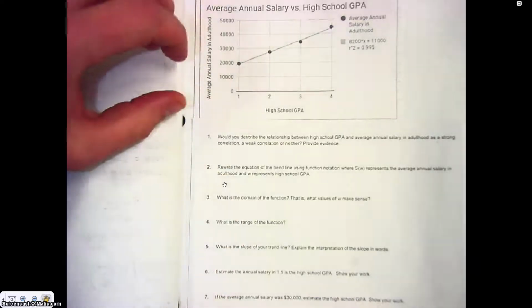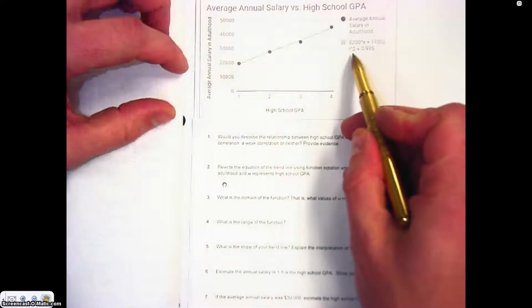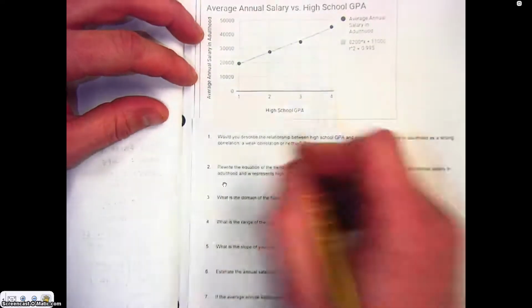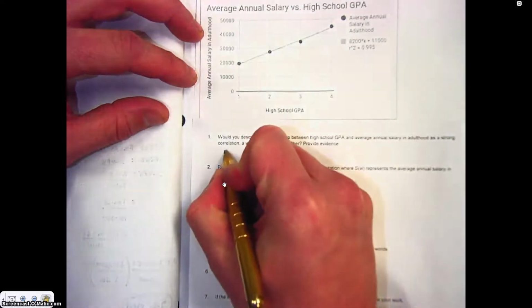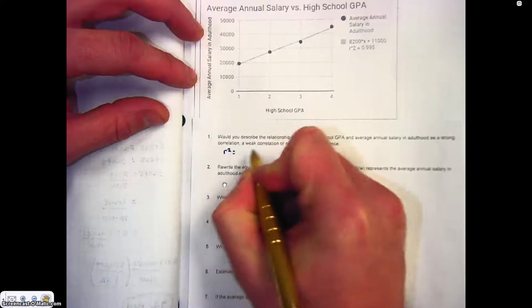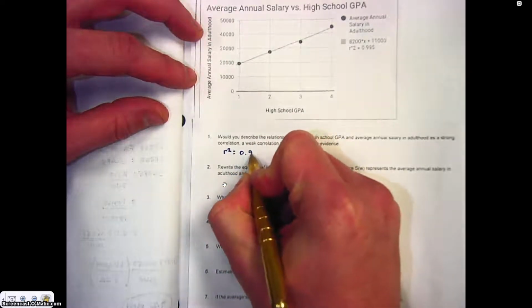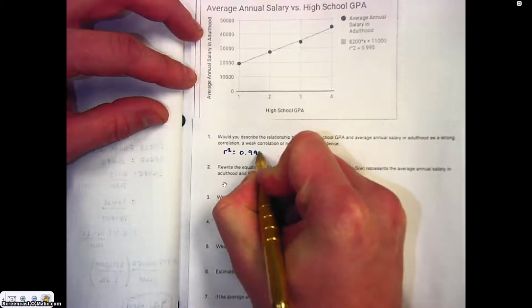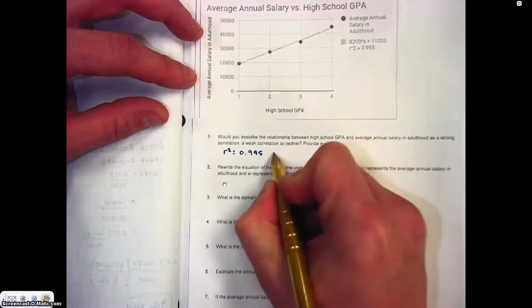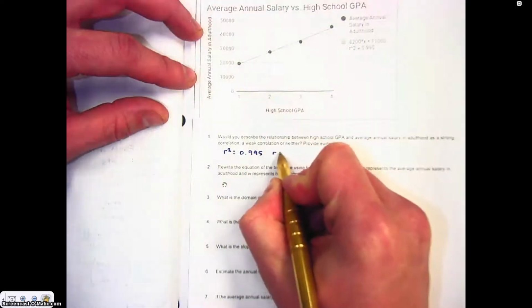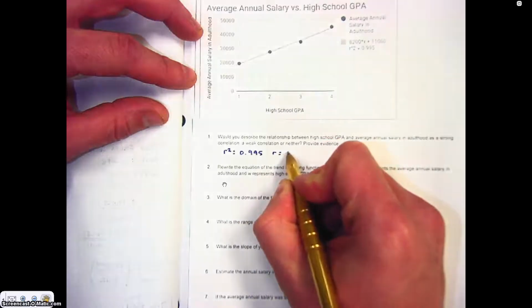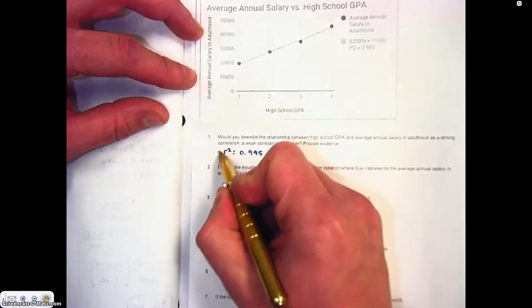And so correlation is related to this r squared number. And so if I write r squared is equal to 0.995, r would be equal to the square root of that.